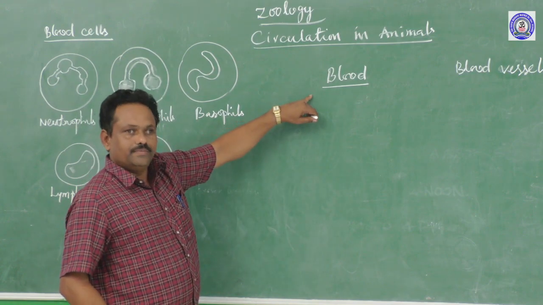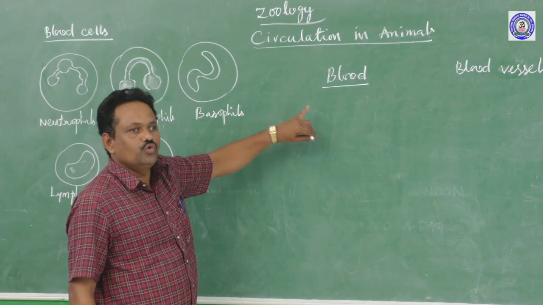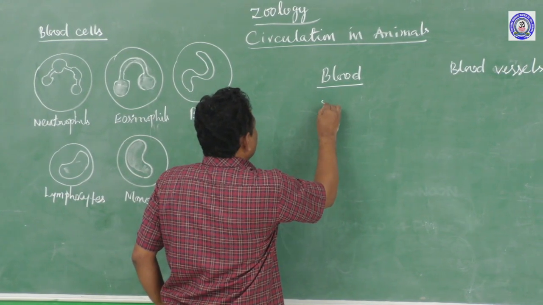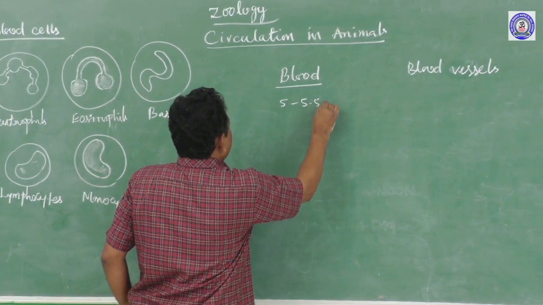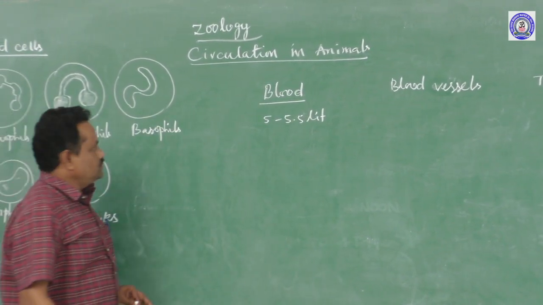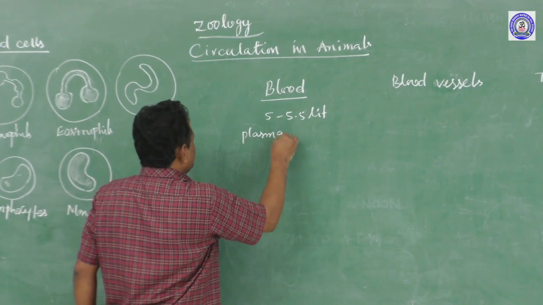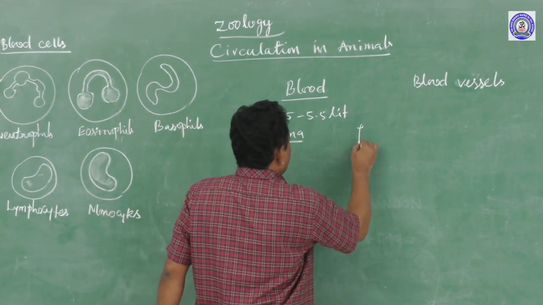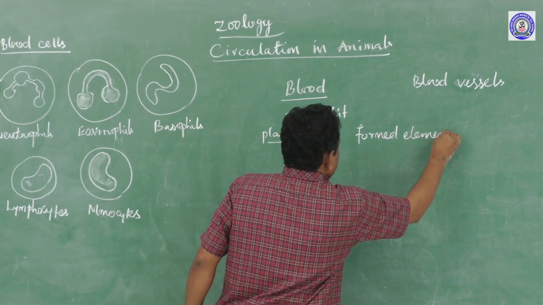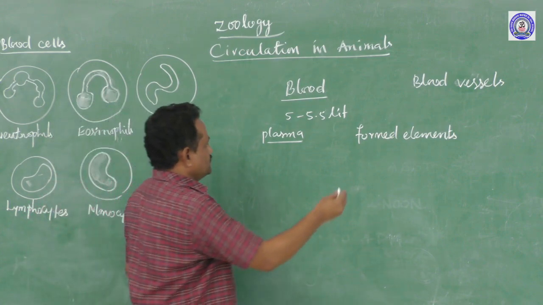So, blood is the main circulating fluid in our body. The total volume of blood is about 5 to 5.5 liters. The blood has two important components. One is plasma, another one is called formed elements.